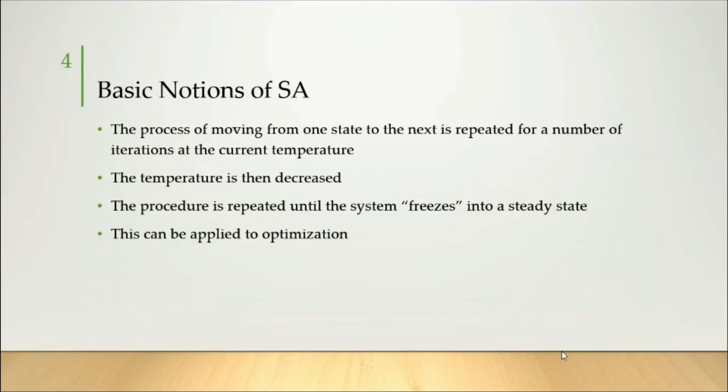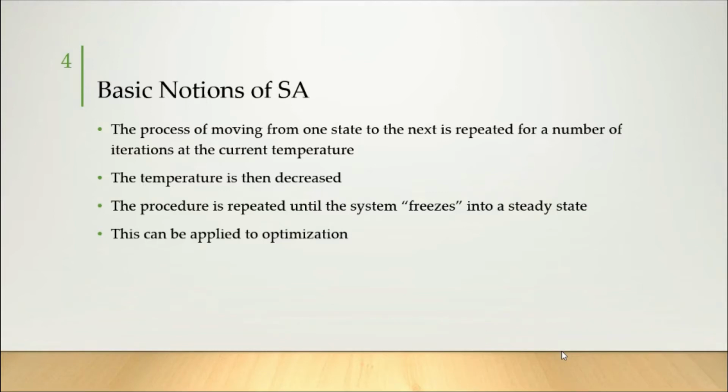It is not always 0, because if the temperature approaches 0, then e raised to minus delta E divided by t, that is minus delta E divided by t, becomes infinity. So we normally don't allow that to happen. The freezing temperature is normally taken as some value greater than 0.